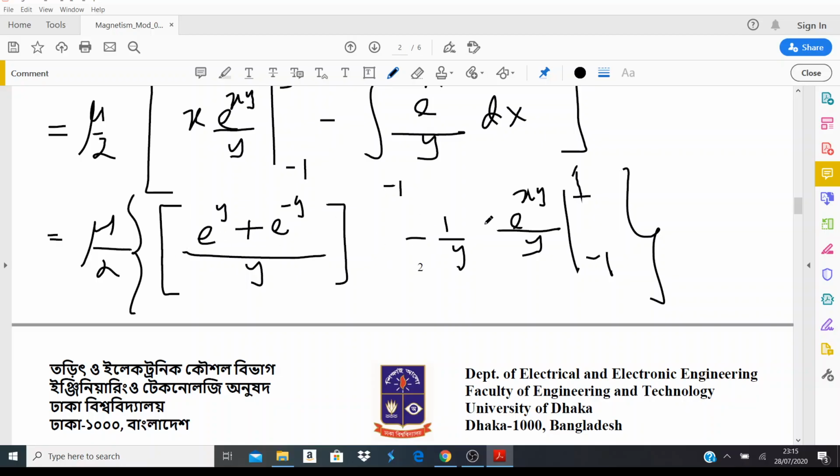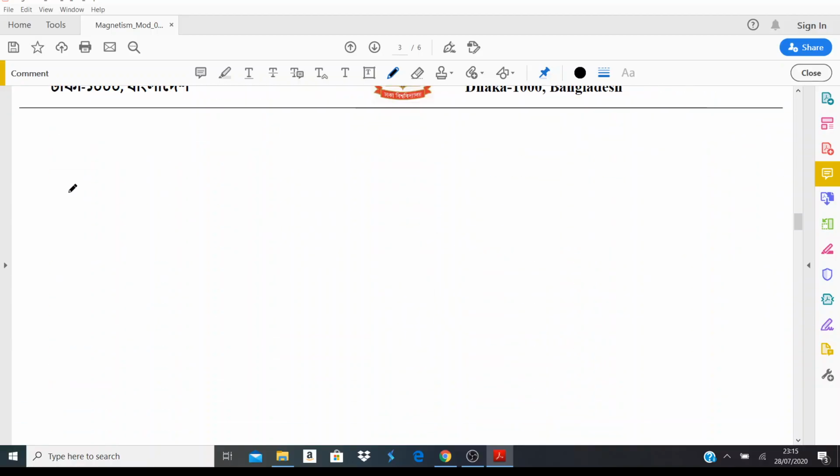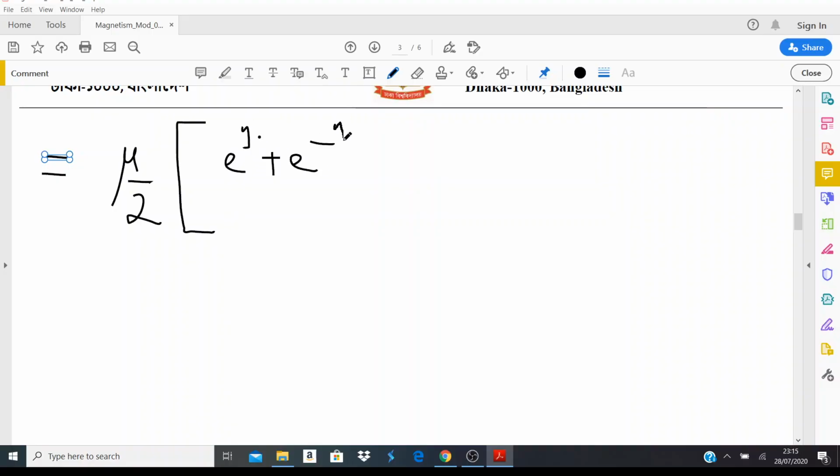One is here, and once you put the limit, you will have 1 by y square, and then you need to put the limit, right? So let me write the expression here, mu by 2, and then here I will have e to the power y plus e to the power -y divided by y, and here I will have 1 by y square (e to the power y minus e to the power -y).